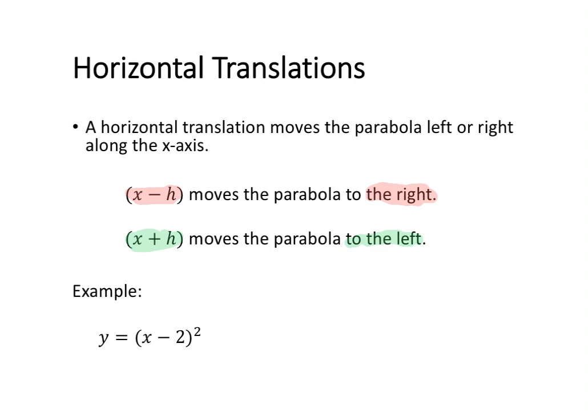So in an example of x minus 2 squared, the parabola is going to move along the x-axis to the left. So let's have a look at an example of how to sketch parabolas using horizontal translations.